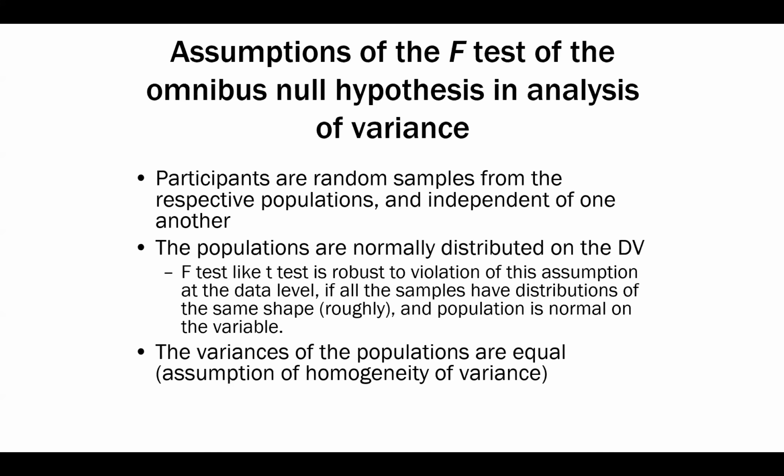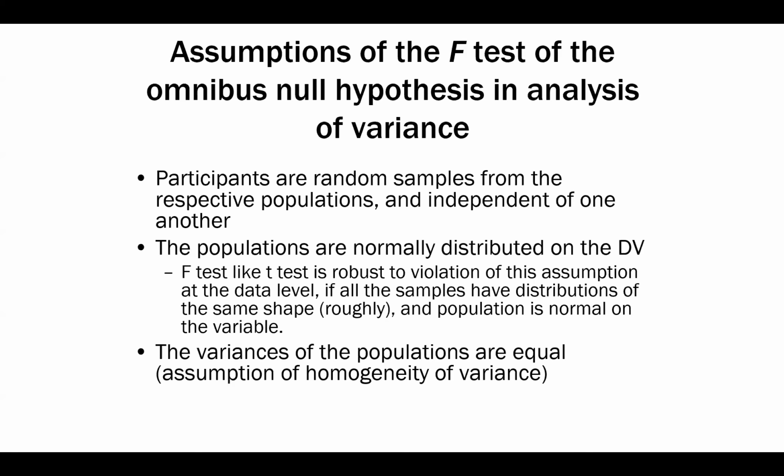Now, having normal distributions within the sample is a real plus. However, much research has shown that the F test is robust to a violation of this assumption if the samples have distributions of the same shape and the population is normal on the variable.